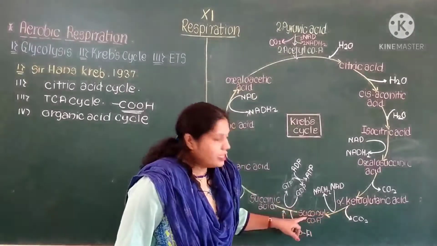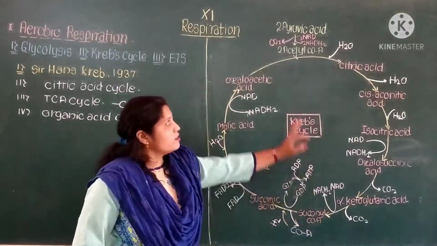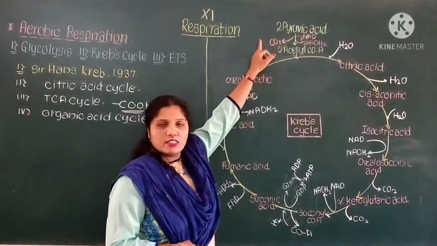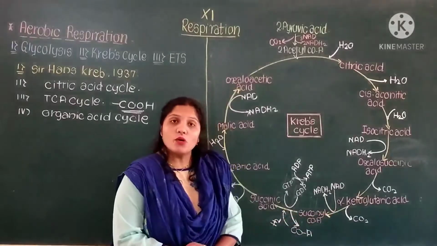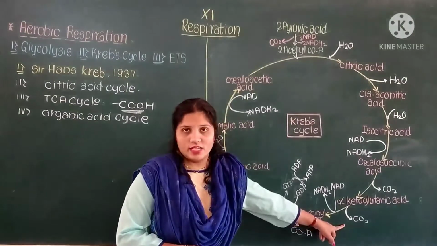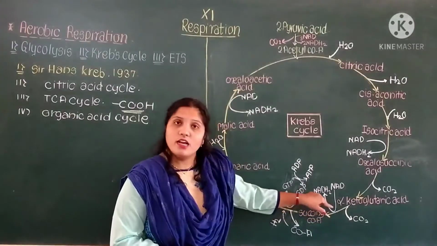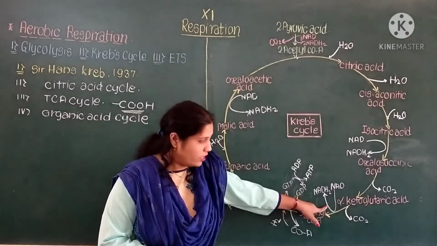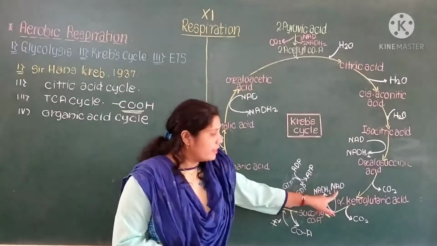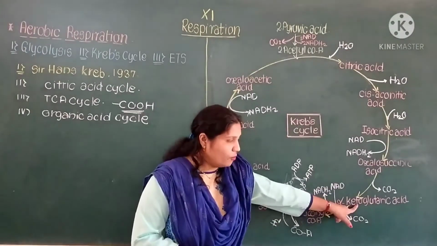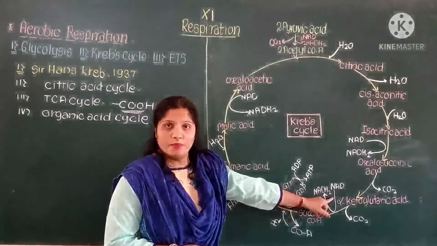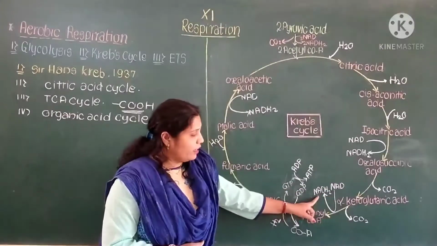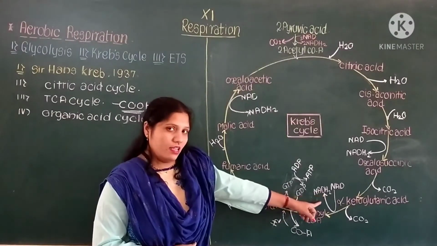If you observe this reaction, it is the same as the link reaction. Here oxidation and decarboxylation take place. Oxidation means removal of hydrogen; hydrogen is removed from this alpha ketoglutarate acid and accepted by NAD, which gets converted into NADH2.